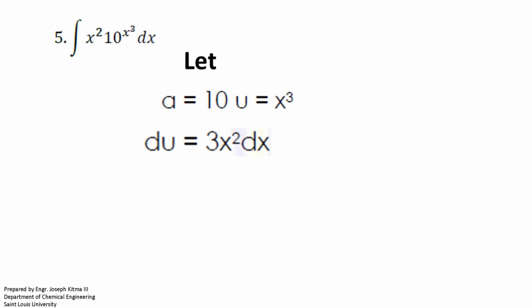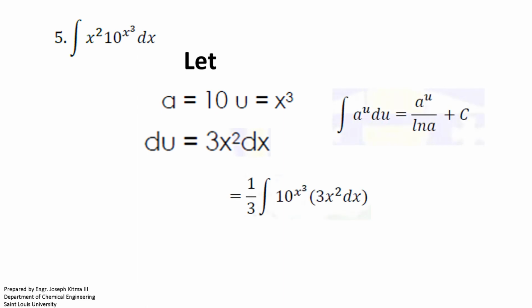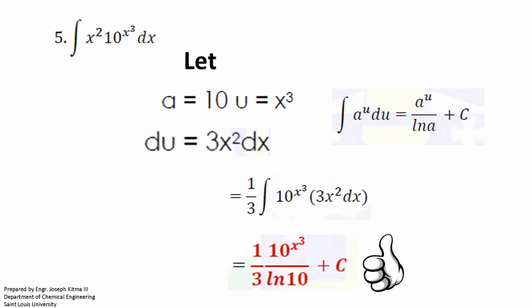All we have to do is introduce 3 into the integrand and then introduce its reciprocal 1/3 before the integral sign, and that will be our correcting factor. So applying the formula that the integral of a raised to u du is equivalent to a raised to u divided by ln of a plus c, we now get 1/3 times 10 raised to x cubed all over the ln of 10 plus c.